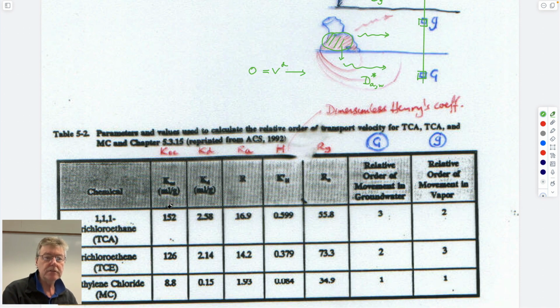For 3 compounds, and we know what the organic carbon partition coefficients are, we can calculate distribution coefficients, and from each of these together with non-dimensional Henry's law. So these 3 things are the basic data we have: organic carbon partition coefficient, K sub D, and also Henry's law coefficient.